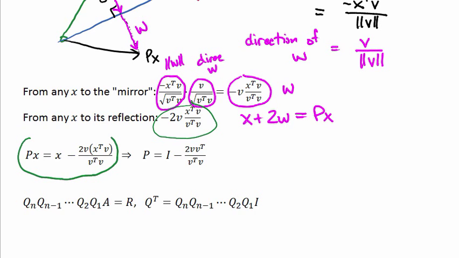So that gives us a formula for P times x for any x. And then if you're clever, you realize that you can change the order. This scalar here can be moved, and you can write P in terms of this outer product. So this gives us a formula for the actual projection, the actual orthogonal matrix.